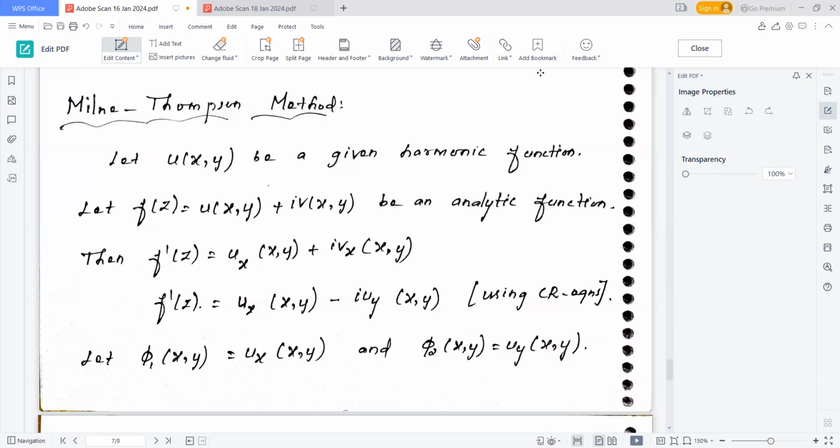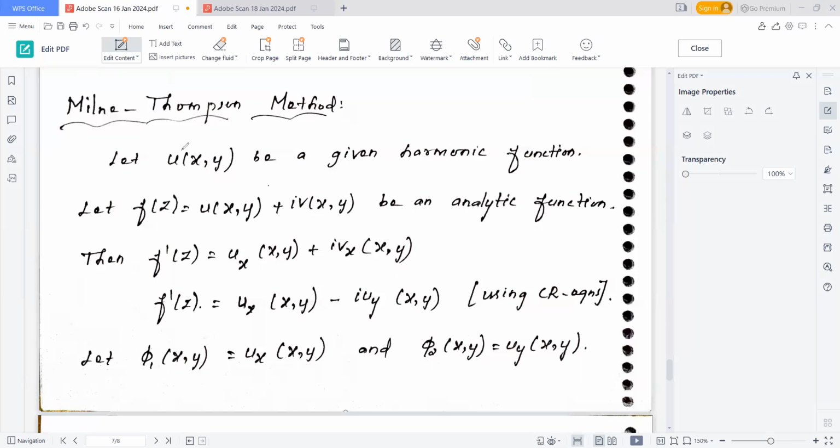Milne-Thompson method. Actually, this method is used to find the analytic function with the help of the real part or imaginary part. So let u of x comma y be a given harmonic function. So they have given the real part of an analytic function which we need to find.